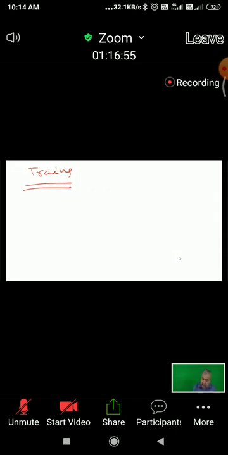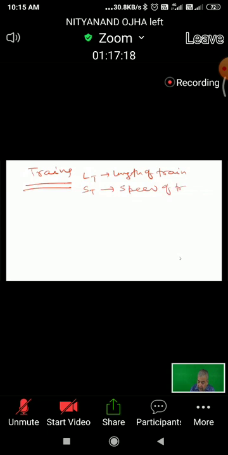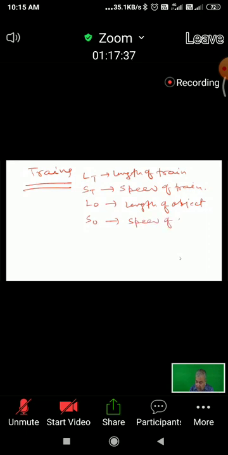See, I am taking the length of train as LT, that denotes the length of train, ST, that denotes the speed of train, and LO, length of object, and SO, speed of object.